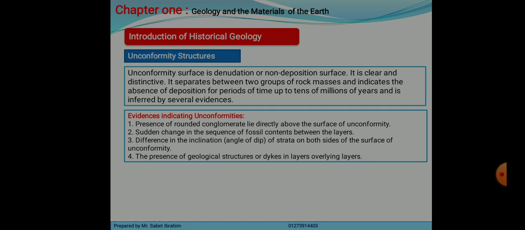Number four, the presence of geological structures or dikes in overlying layers. So, the evidences of unconformity are rounded conglomerates, change in the sequence of fossil content, angle of depth of strata, and dikes in overlying layers.